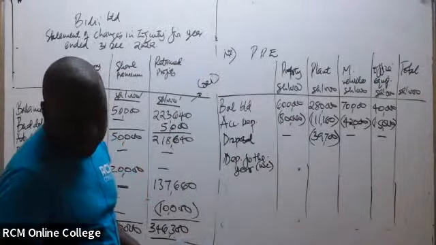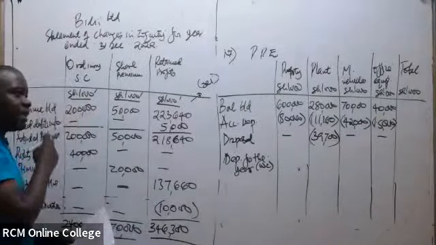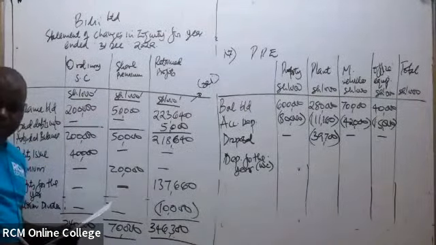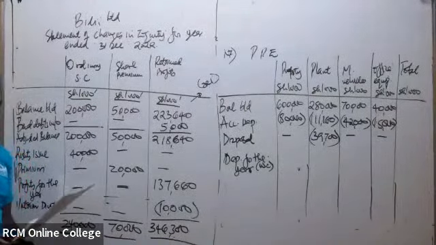The property, plant, and equipment, how much are we getting as the depreciation for property and buildings? It was 10 million. We can less this one, 10 million.